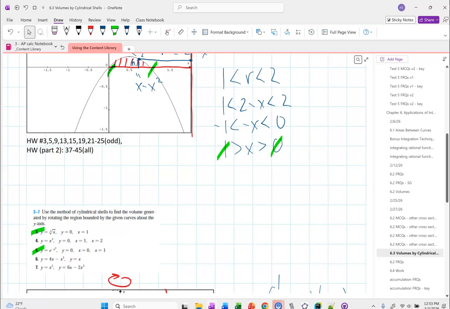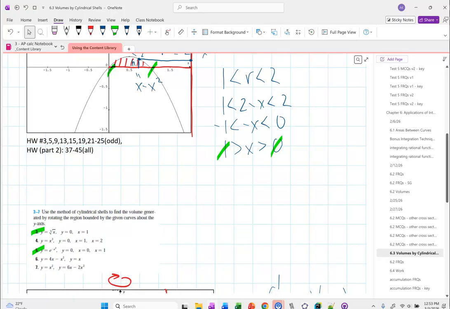The only case where I might shy away from the disc versus the shell is if the solve-for-x piece is really inconvenient. The shell, because you're using the opposite variable for integration, would allow you to skip over that. But that's kind of the gist of it.